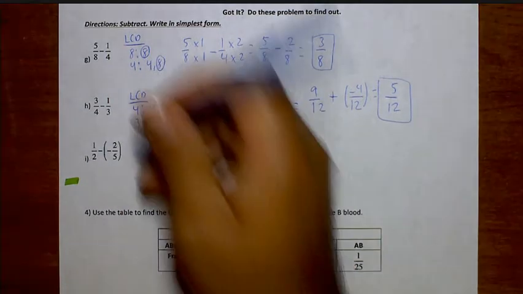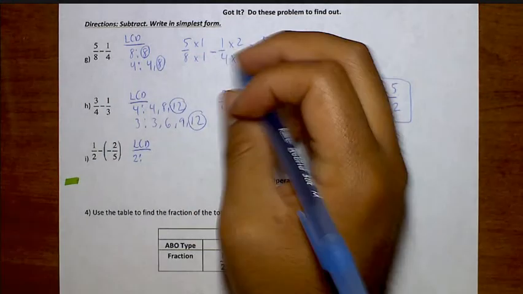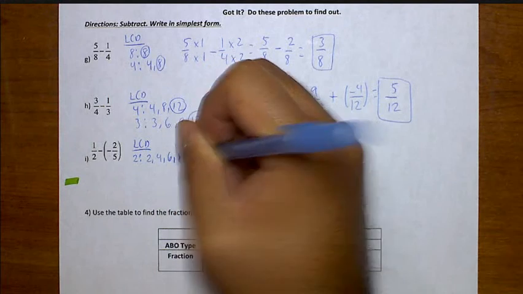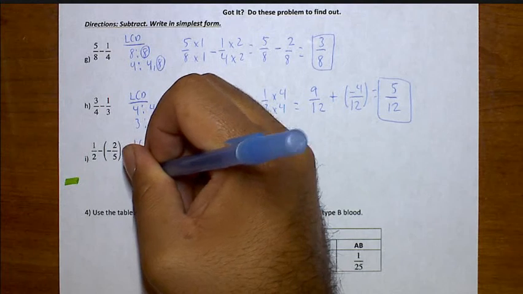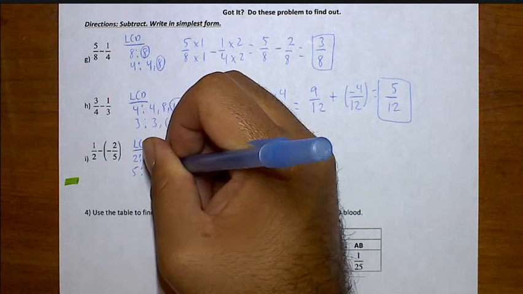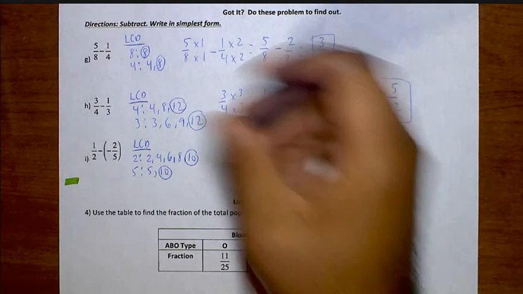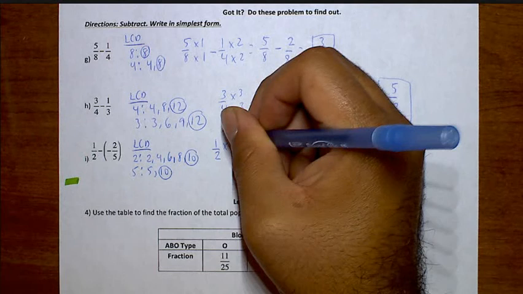All right, let's continue. 5 over 10 minus, oops, I forgot a negative sign over here. This is negative 4 over 10, because it's a fraction and I need to add the opposite. 5 can stay the same. Let me change this subtraction problem to an addition problem by adding the opposite.